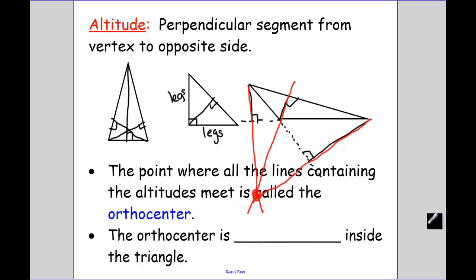They're going to meet at that point right there, and that orthocenter is sometimes inside our triangle. In the obtuse case, it's outside. In our acute case, it was right there, inside. In our right triangle case, our orthocenter was right there.